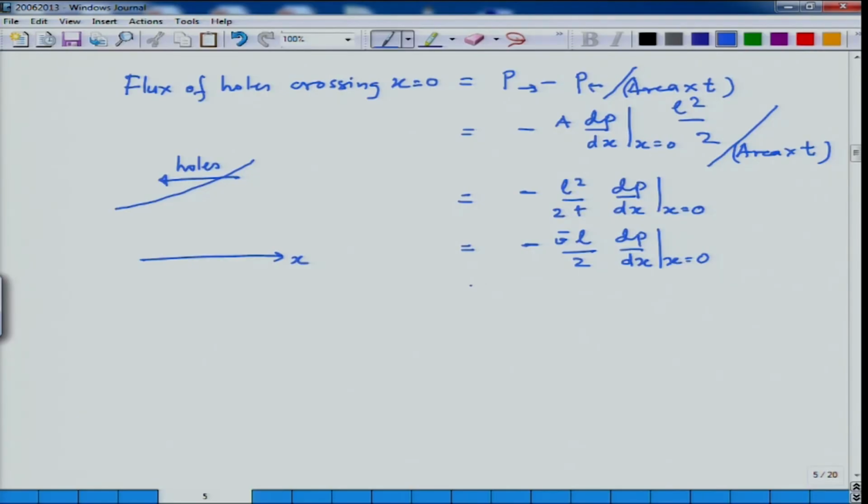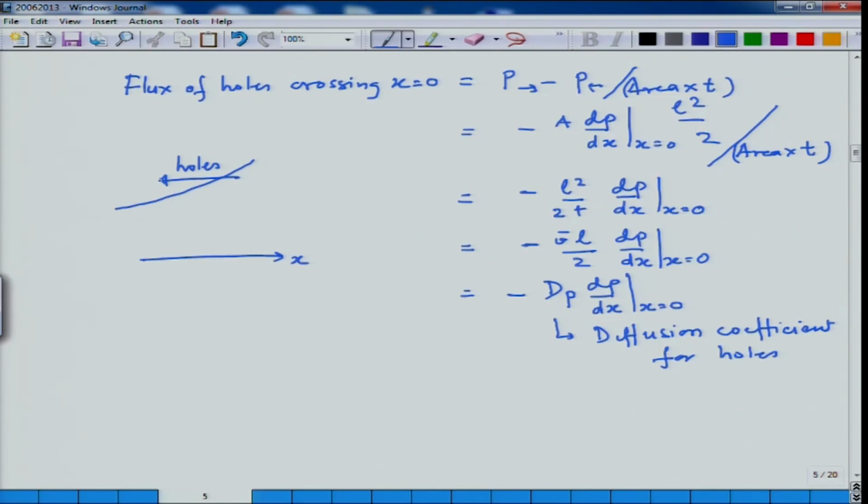And if this is a flux, we define a quantity called the diffusion constant for holes, which is a material property. So, this is the diffusion coefficient for holes.